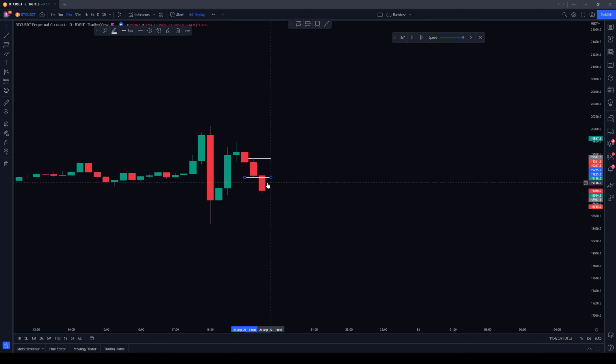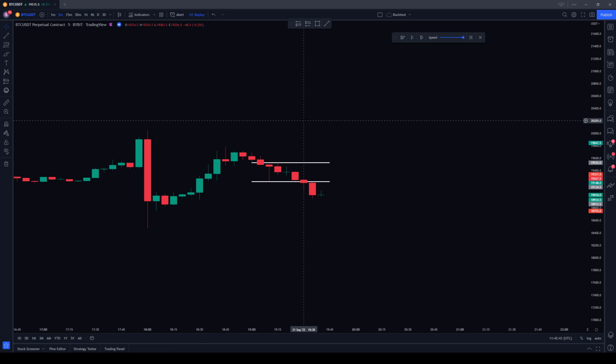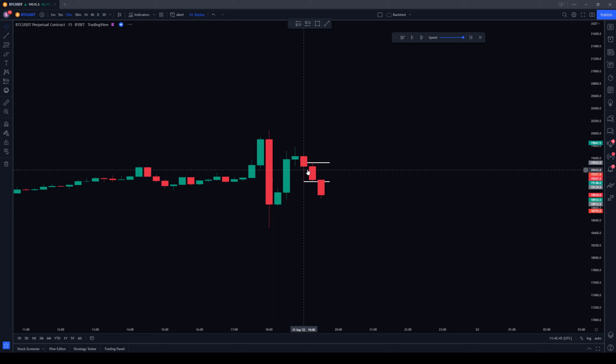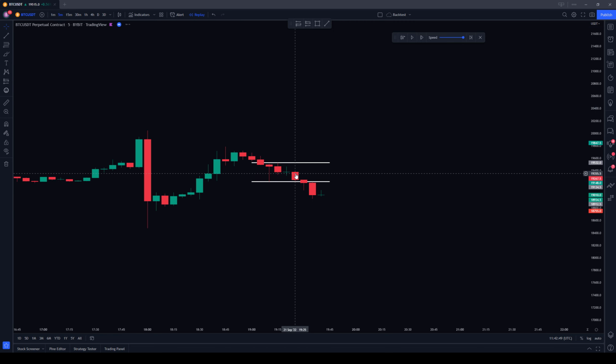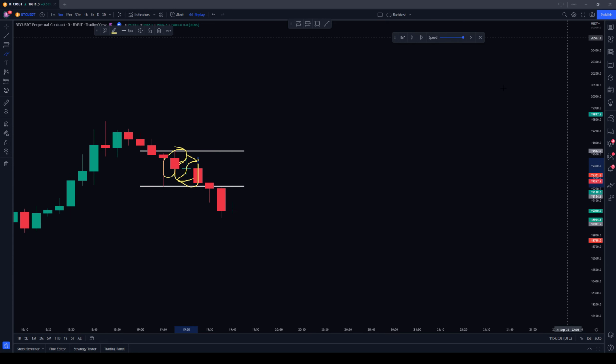Right here it's closed already, but you jump right to the 5-minute chart. And let me check the 15-minute chart. It's gonna be 15 past 7. So 15 past 7, it was this one. So like I stated before, you need to wait 3 candles. So this one, and what did it do?